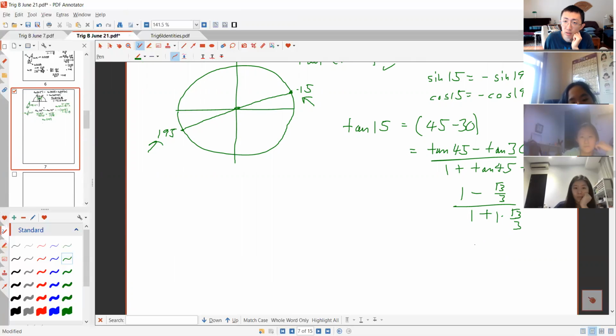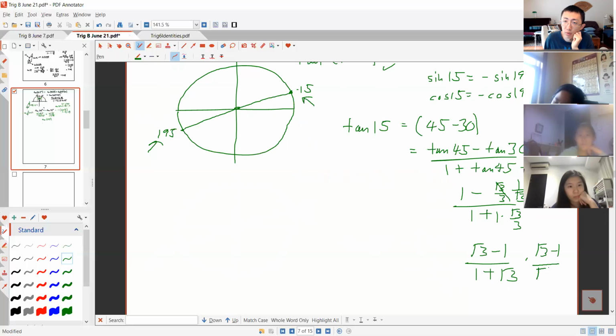So this is root 3 minus 1 over 1 plus root 3. If I change this to 1 over root 3, it looks like that. And then I can multiply by root 3 minus 1 over root 3 minus 1.